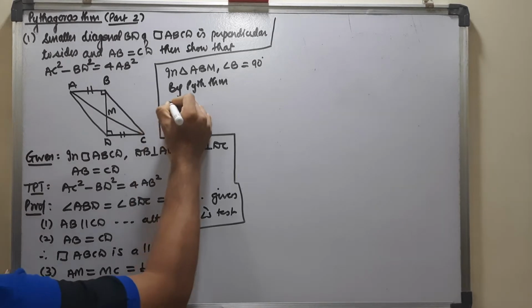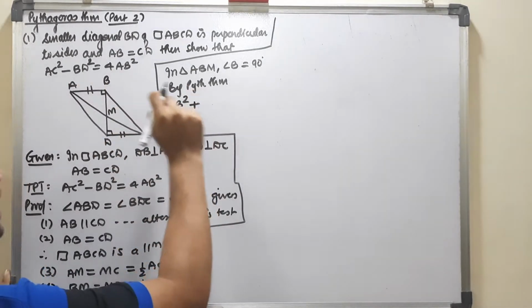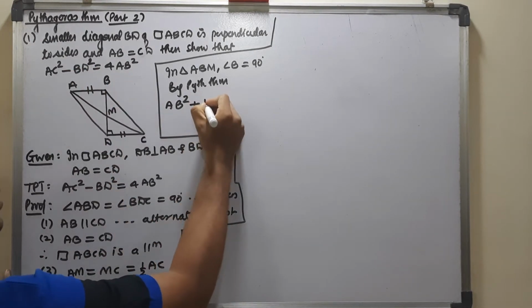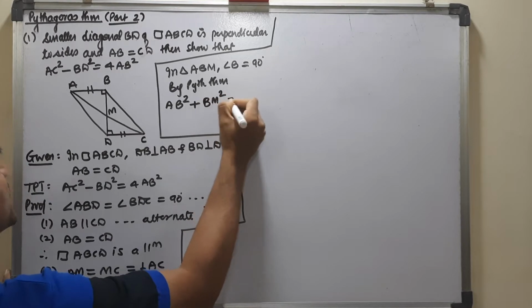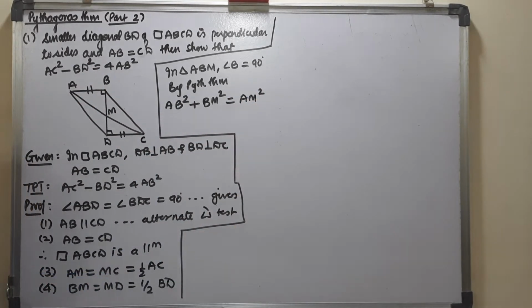So I have the squares of the sides forming the right angle, that means AB and BM. So AB square plus BM square is equal to AM square.